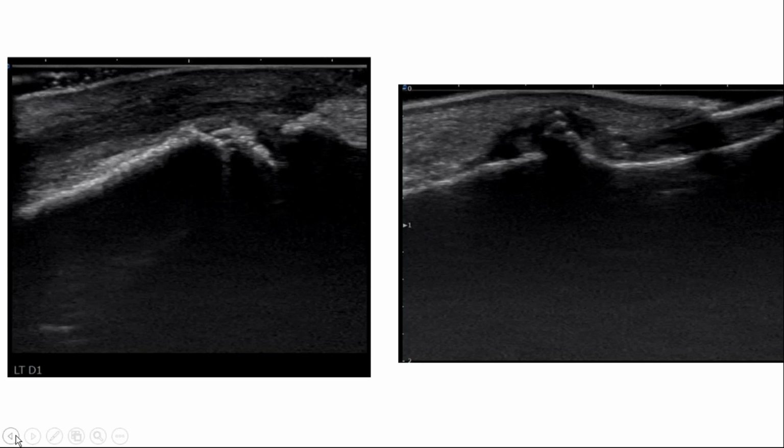So the joint, you will say there are areas of irregularity and erosions and loss of edge. And after that, you will say there is evidence of vascularity around the joint, whichever aspect you notice, dorsal aspect, volar aspect, and around the flexor tendons of the carpal tunnel, as evidenced by increased flow on color Doppler.